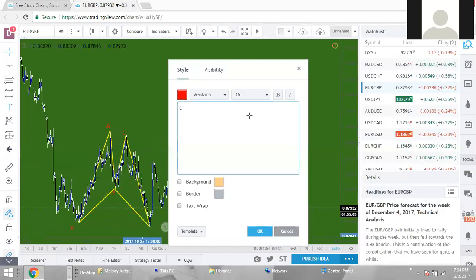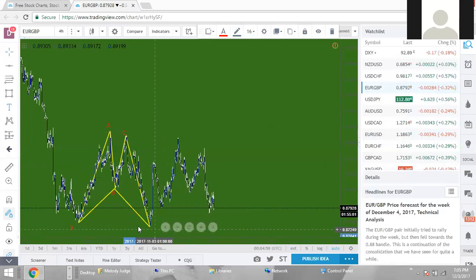There we go. All right. So our C to D impulse, which made our C to D leg, is actually the start of another impulse. So let's get rid of this stuff.